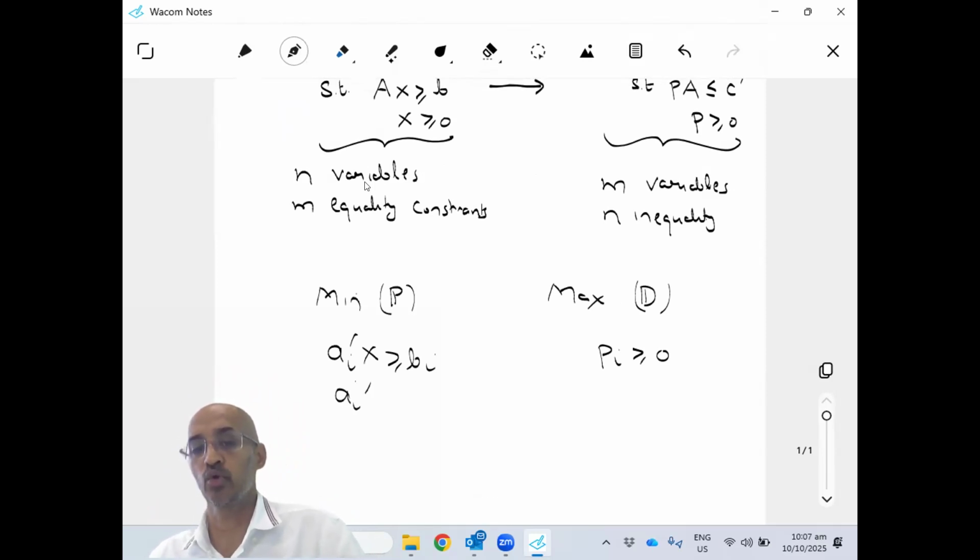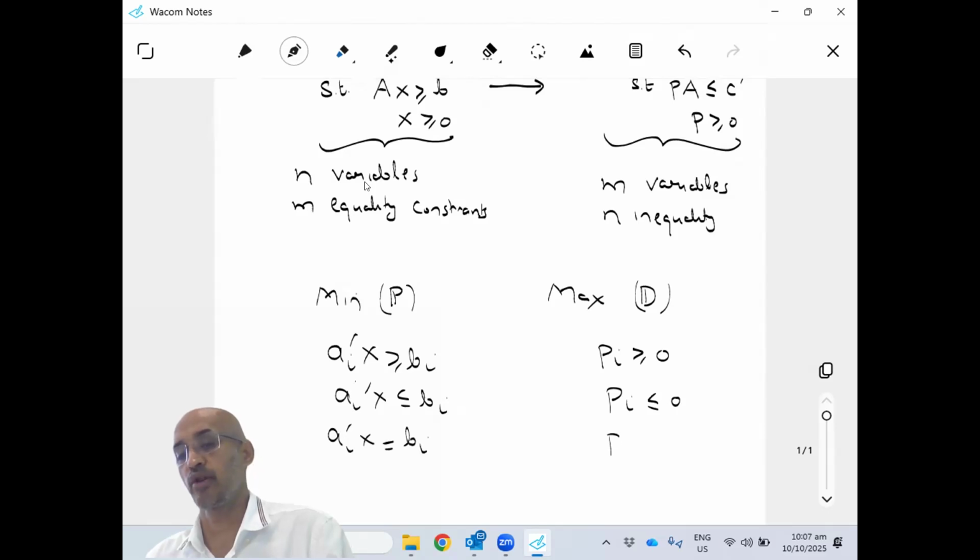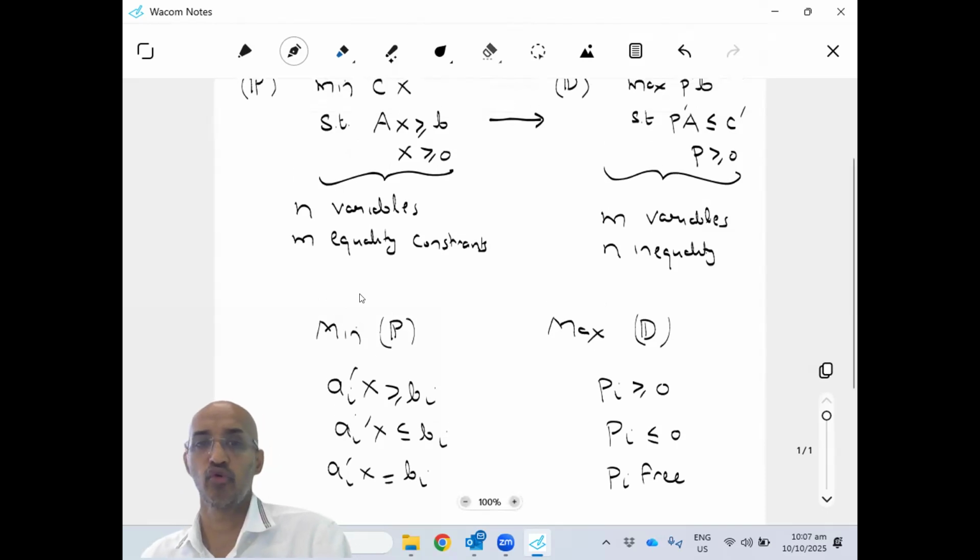If it was less than equal to, it should be less than equal to here. And if it is equality, my dual variable should be free. So for example, here it's greater than equal to, the dual variables are non-negative. So remember they go in this form.